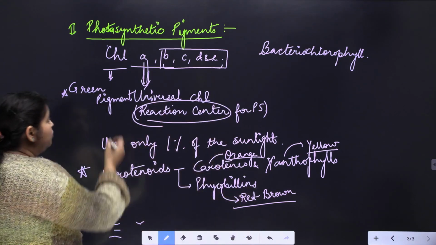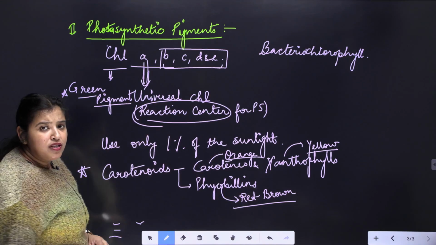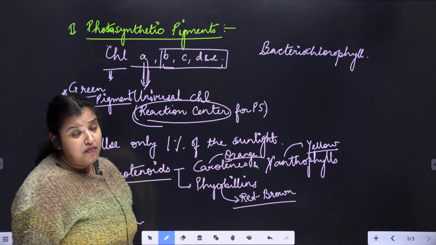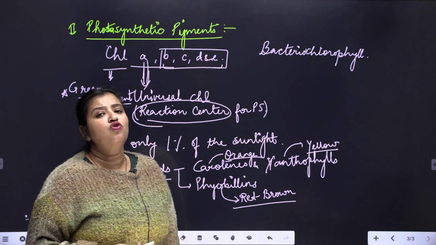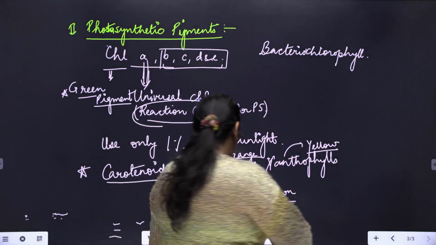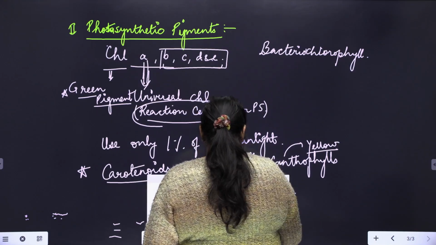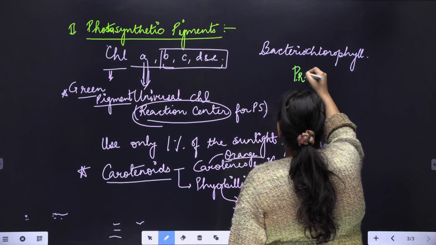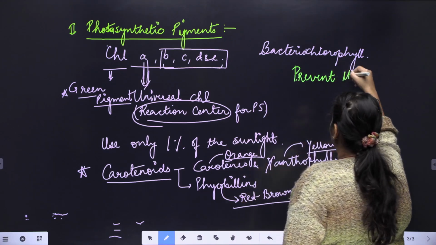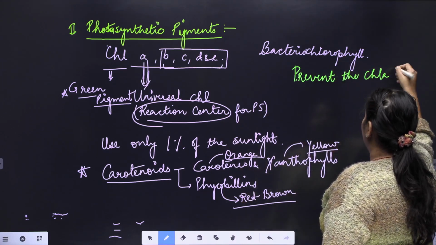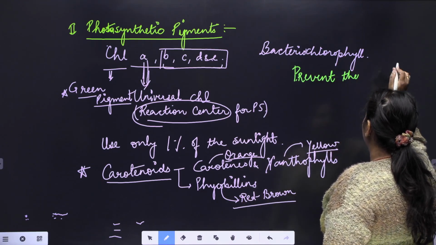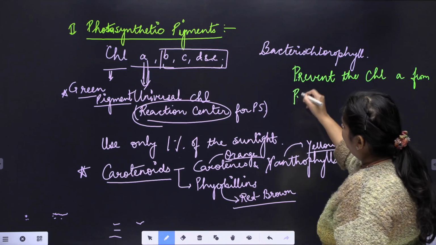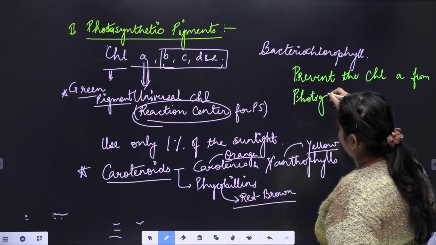Fine. So the plants have green pigments for photosynthesis. They also have carotenoids which impart these colors to various plant parts. But just imparting color is not their function. They play a very, very important role, and this important role is to prevent chlorophyll A from photo damage.